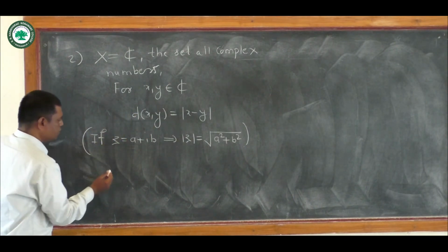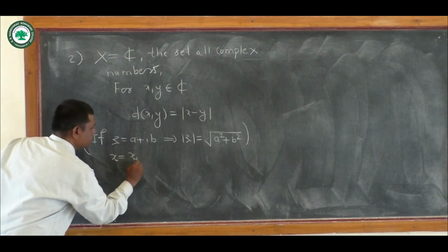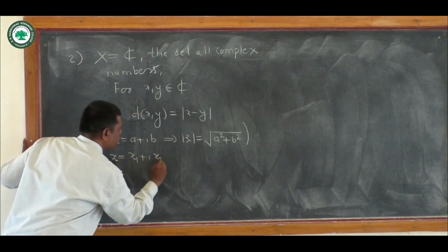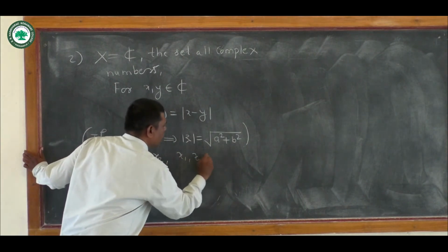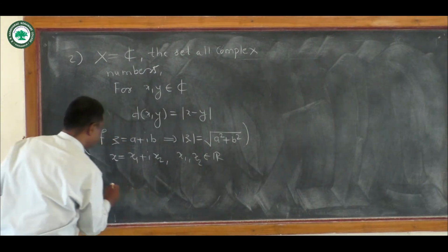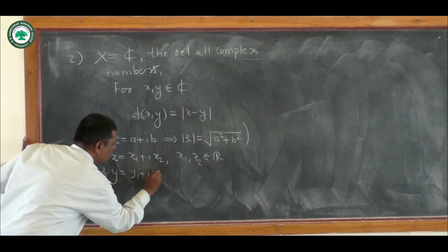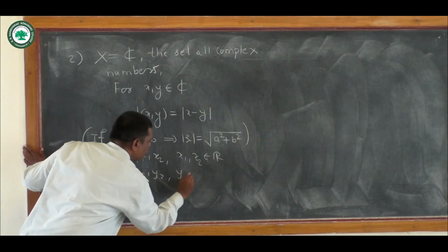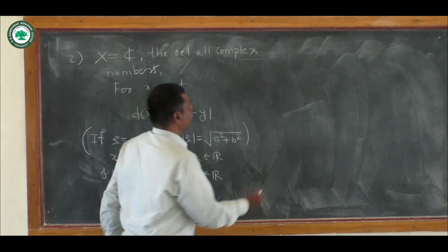Now to prove this, we are going to take x equal to x1 plus i x2, where x1 and x2 are real numbers, and y equal to y1 plus i y2, where y1 and y2 are real numbers.